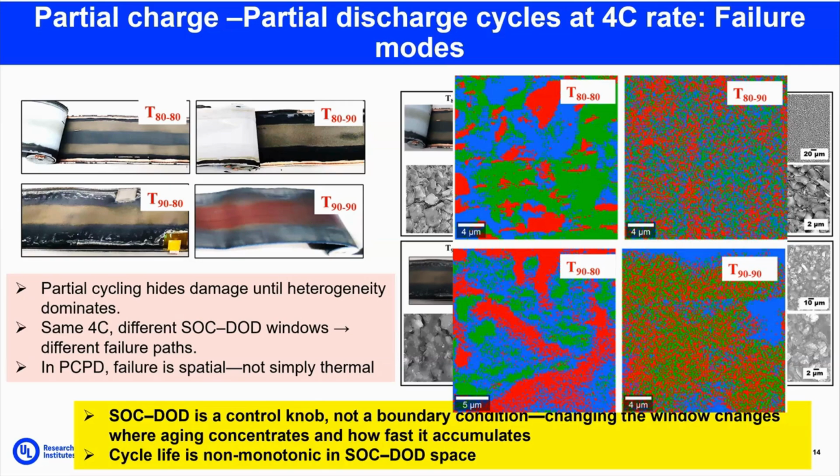So with this, I would like to conclude that even if the C rate is the same, as a function of different SOC and DOD, the aging mechanisms are different. When we derive fast charging test protocols, for example multi-pulse test conditions with different current amplitudes, based on our investigations we can say that up to 80 SOC, whatever current we provide, the cell is not going to degrade much.